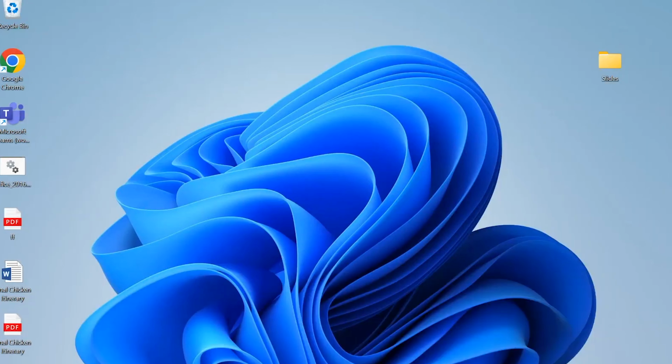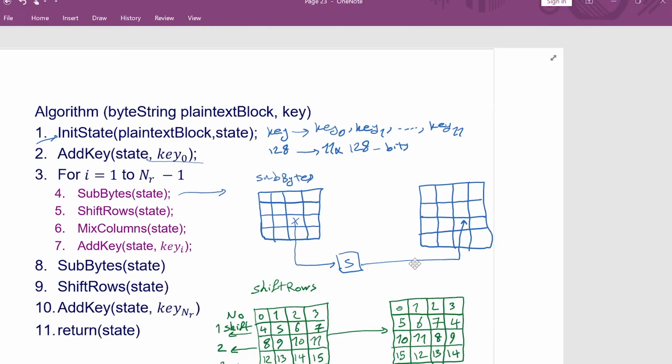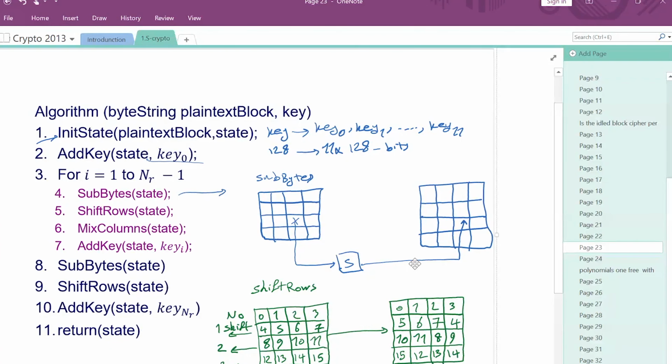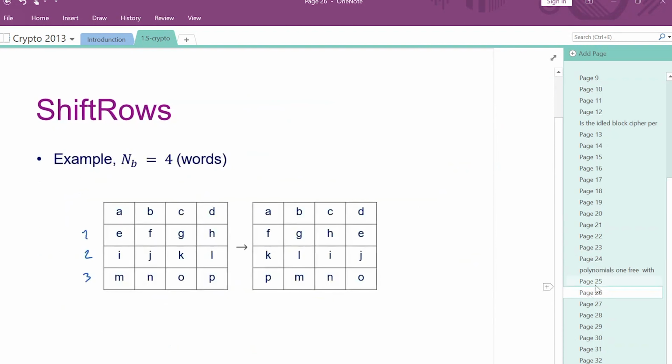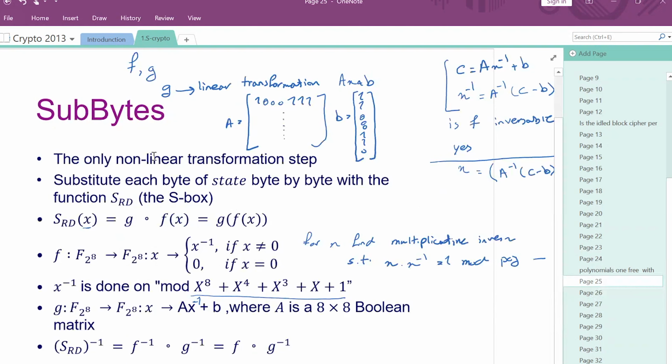All right, I think this animation really helps you. If you want to watch it again, you can just search on YouTube for AES animation. You can play it many times, and you can watch it for yourself. The only part that you might be a little bit concerned about, and I invite you not to be concerned, is this substitute byte and the mixed columns, which had a little bit different computation.